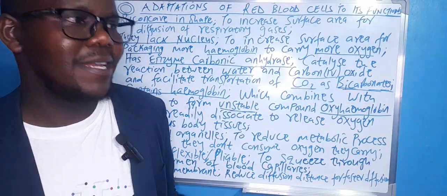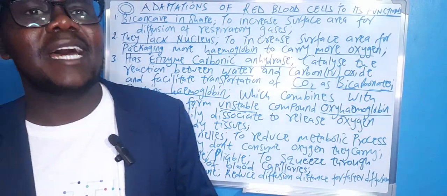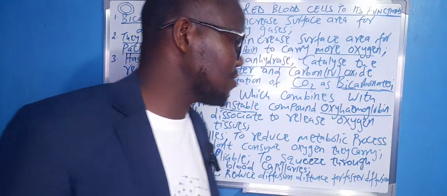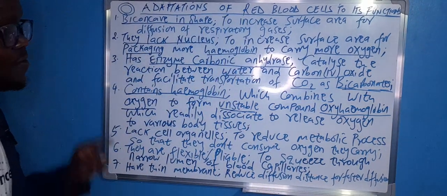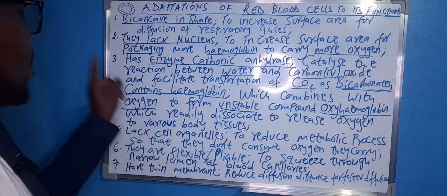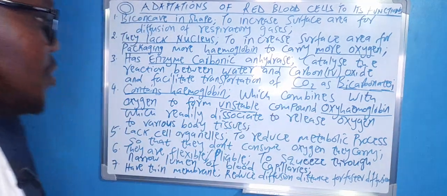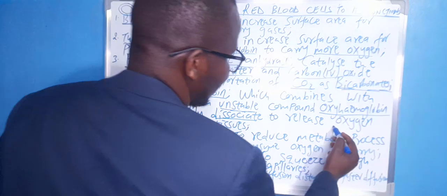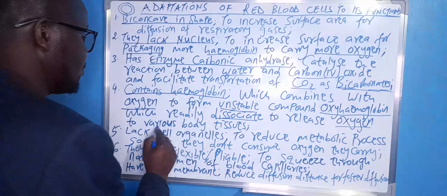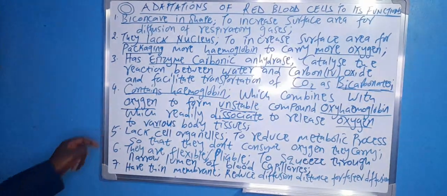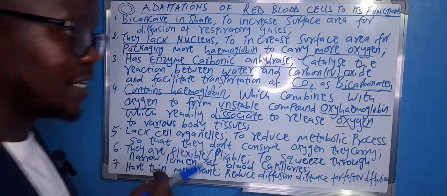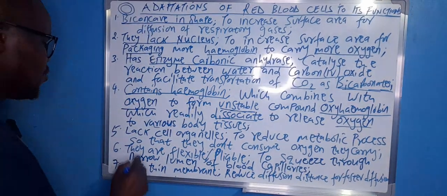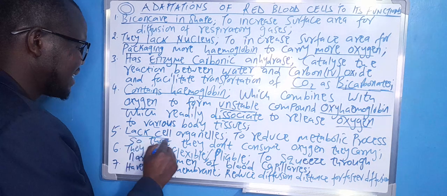Then haemoglobin from the respiring tissue will package up the carbon dioxide, then transport it back to the lungs. So oxyhemoglobin is unstable because it can easily dissociate and will release oxygen to the various body tissues, because all of the oxygen will be used in the respiration process.